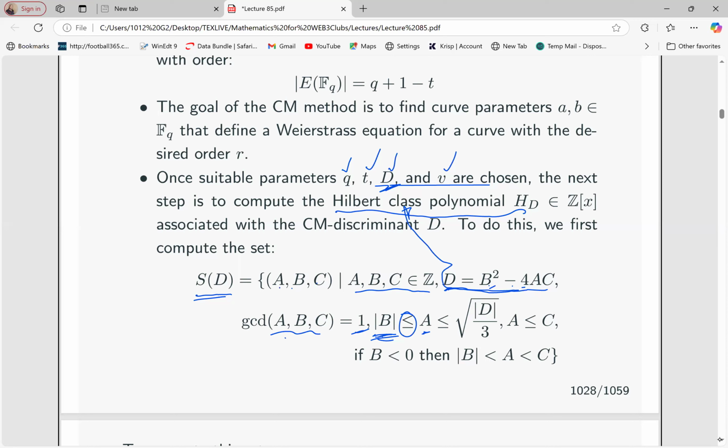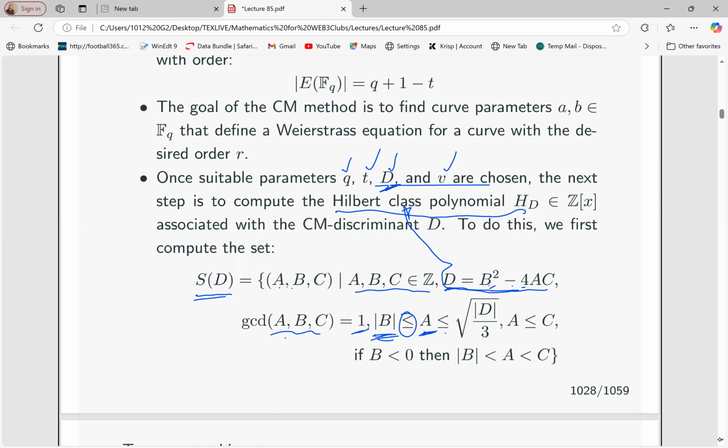But again, this A must be less than or equal to the square root of the magnitude of D divided by 3.